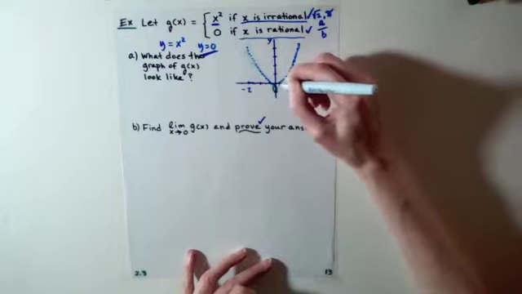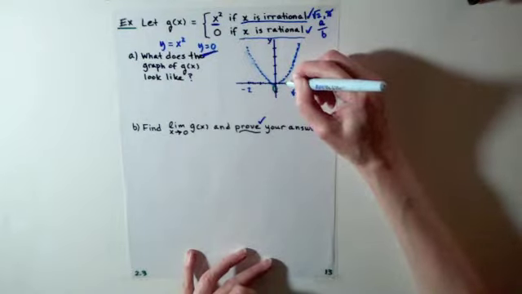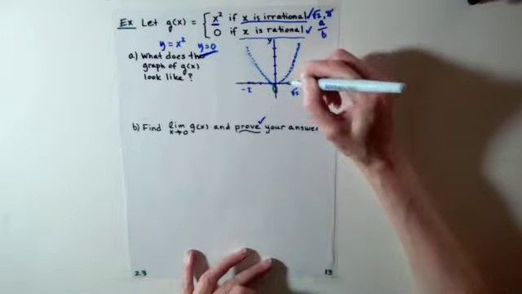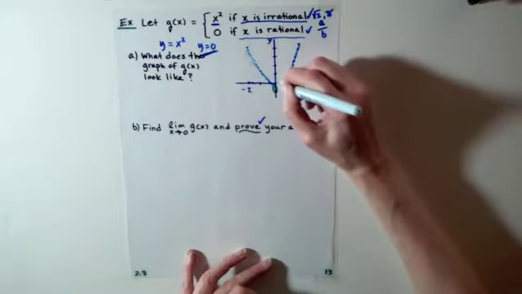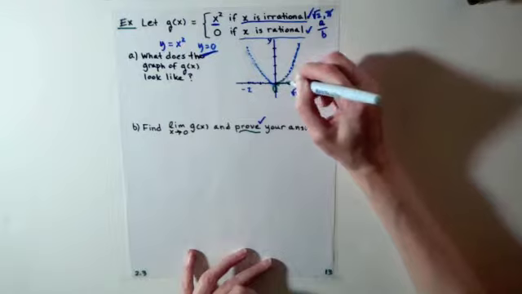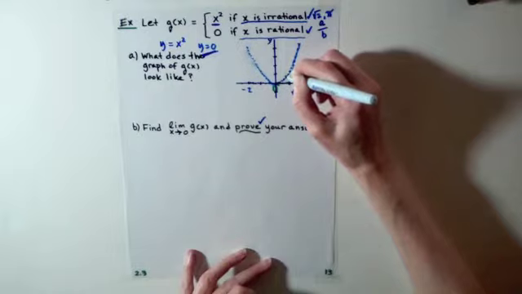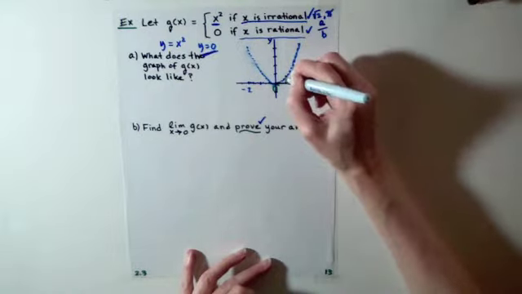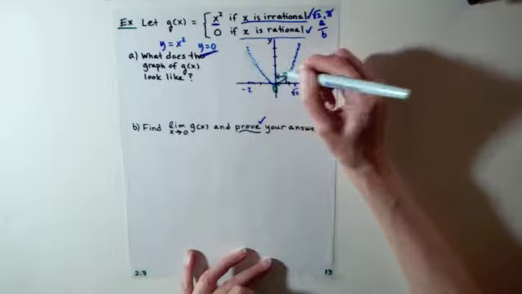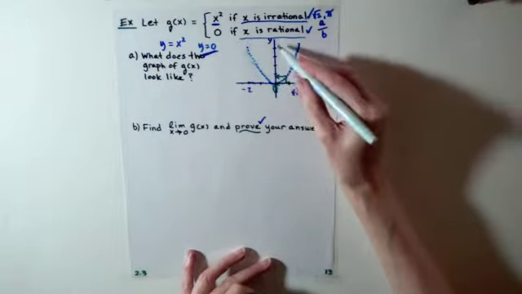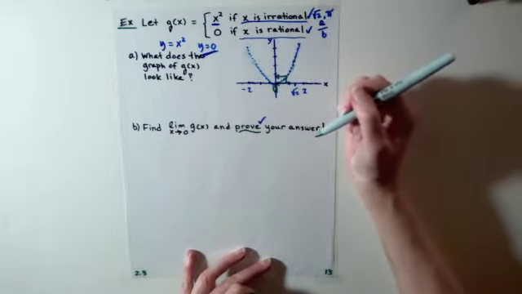As I approach 0 from the right, whenever I hit an x value that is rational, I would be right on this line, and so I would get an output value of 0. If, however, I choose an x that's right next to it that is irrational, I would be up on this parabola, and when I go up to the graph and over, I would hit a value that's somewhere on the positive y-axis.